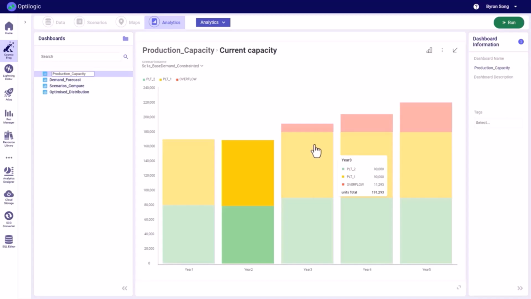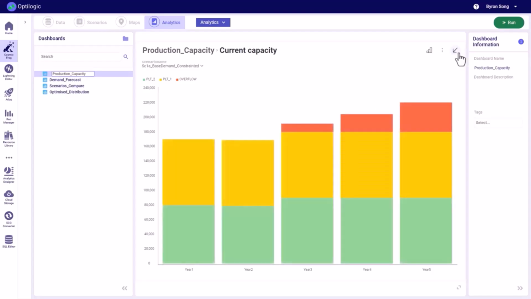And the remaining volume, 11,293, will have to go to the overflow site. So this is telling us our current capacity in the production plants will not support future demand from year 3 onwards.